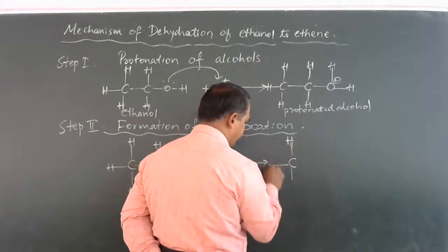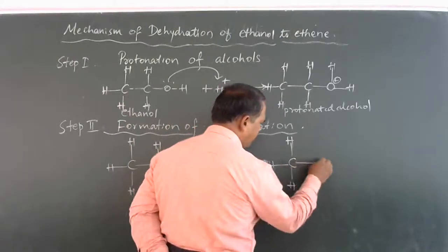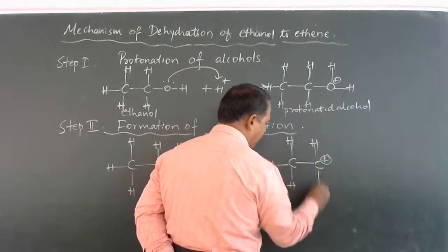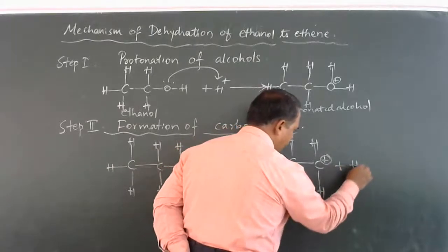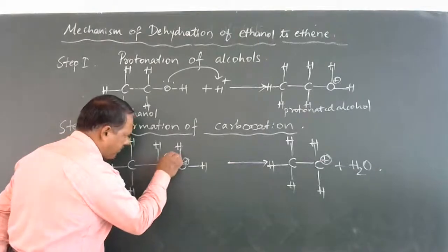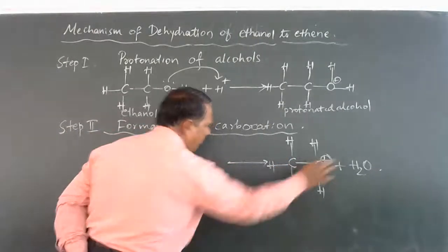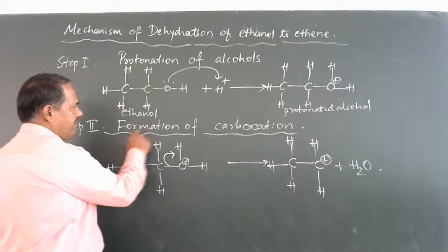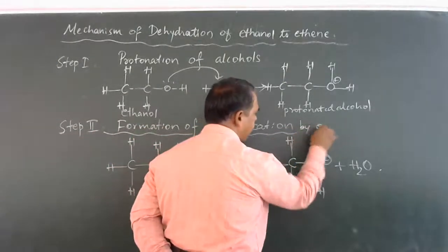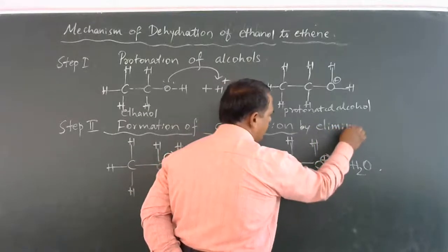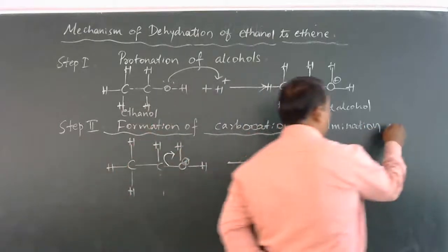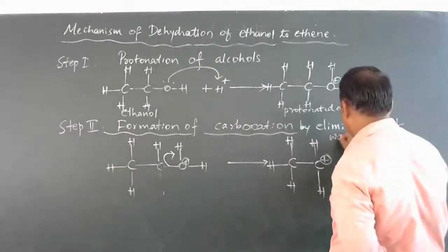See, H, again C will become positive, and elimination of water molecule takes place, plus H2O. So this bond breaks and the water molecule is eliminated. See, formation of carbocation: how? By elimination of water molecule.